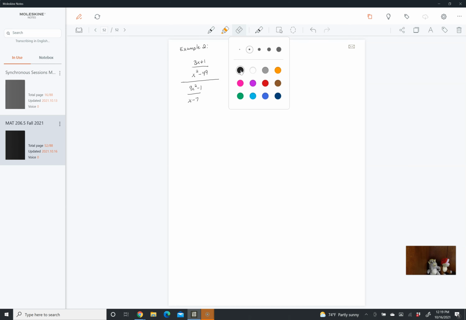Okay, I want to emphasize this is just a division problem. I just want you to see that if there is no addition and subtraction, then it's just division. Okay? So we can just multiply the top and the bottom by the reciprocal of the bottom.